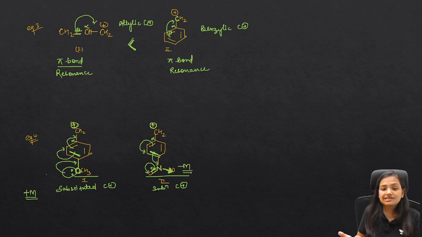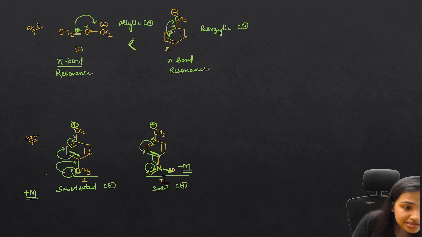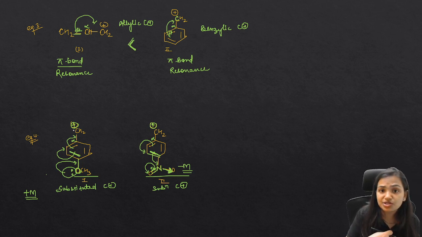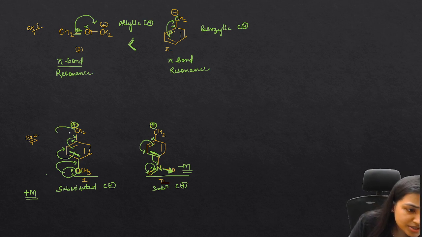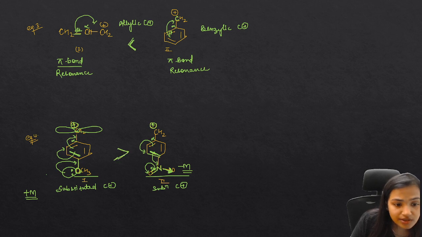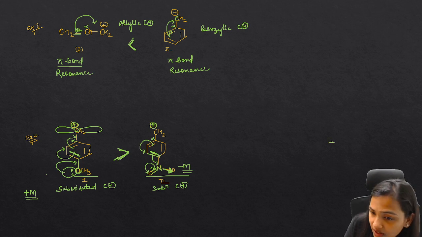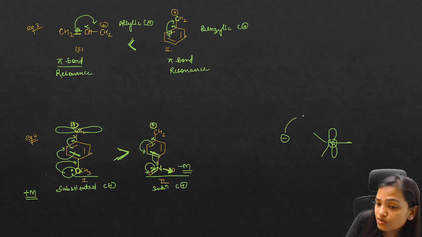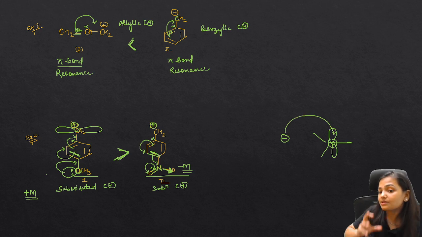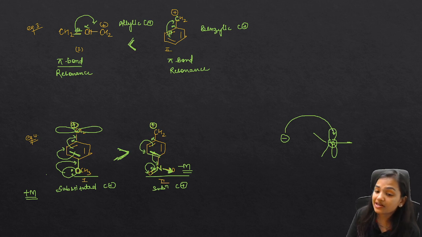So who is stabilizing? The carbon is saying I'm deficient, I'm a 6 electron species, I need electrons. So the species which is giving the electron to this vacant orbital is basically more stable. Here this is more stable because this is showing a plus M effect. When a carbocation is saying I am very deficient, please give me the electron, whatever gives the electron will provide better stability.